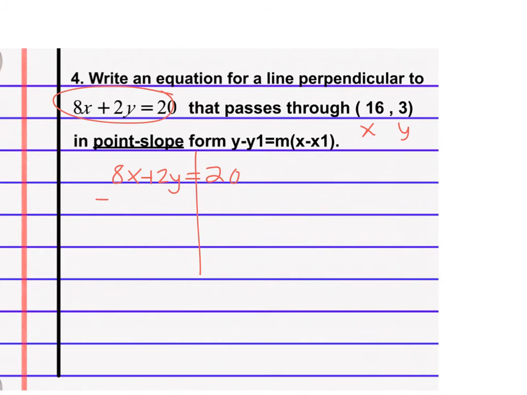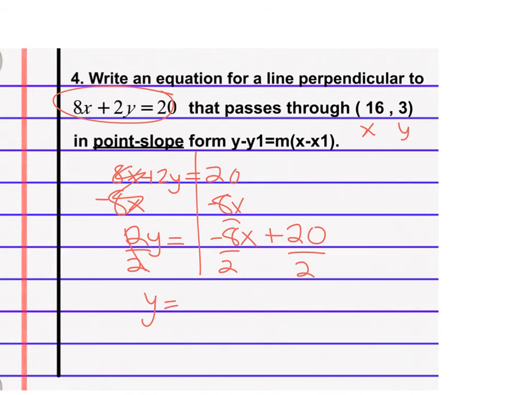You have to do your 2 steps. Minus 8x, minus 8x. Those become a 0. I cross them out. I still have 2y. Please do not put 12. It's negative 8x, just what you see. Negative 8x plus 20. Next, divide each term by the coefficient of y, by 2. So my slope is negative 4.